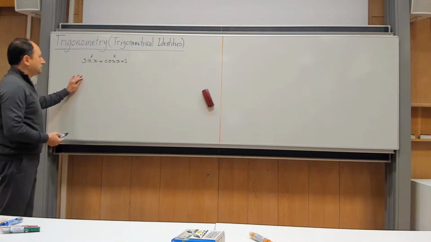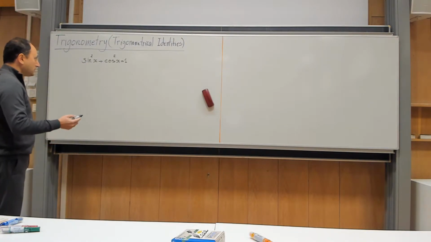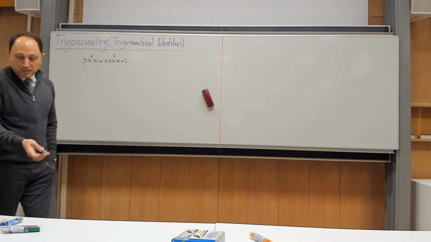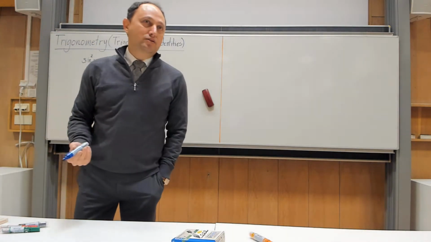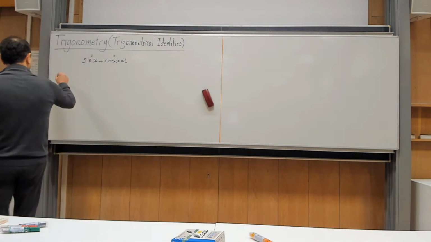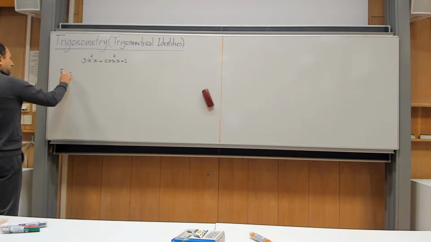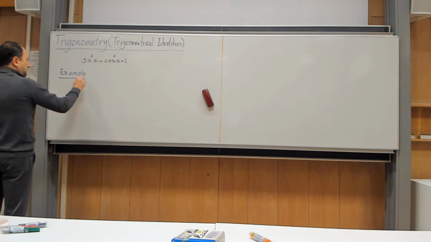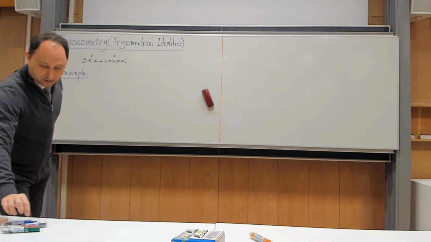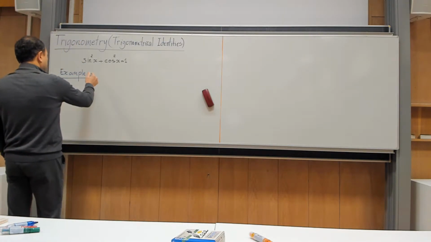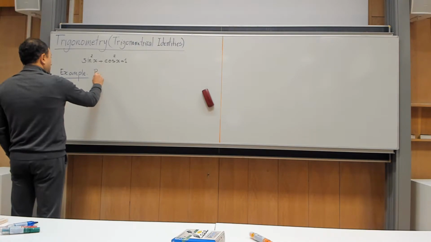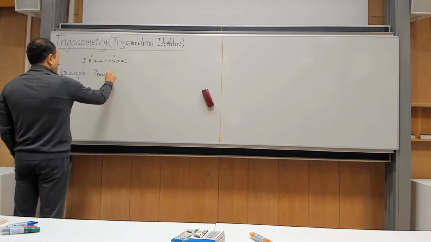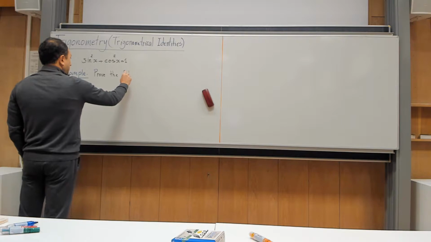So that's one identity. For example, let me just give, there is no lesson, we have to practice to learn, okay? So example, prove the following identities.